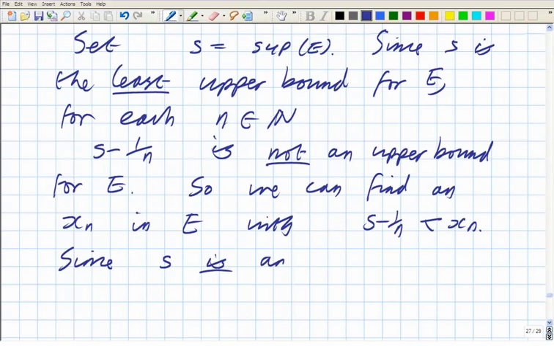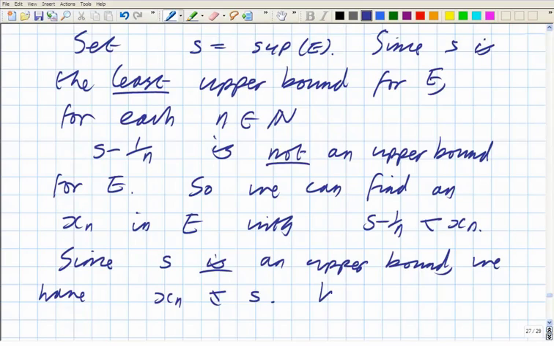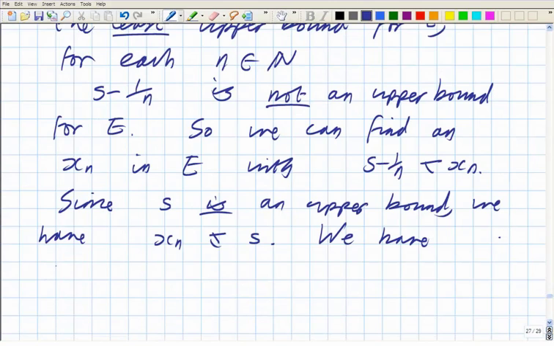Of course, xn is still less than or equal to s because s is an upper bound for E. So we actually have xn sandwiched between s minus 1 over n and s. So we've got s minus 1 over n is less than or equal to xn is less than or equal to s.